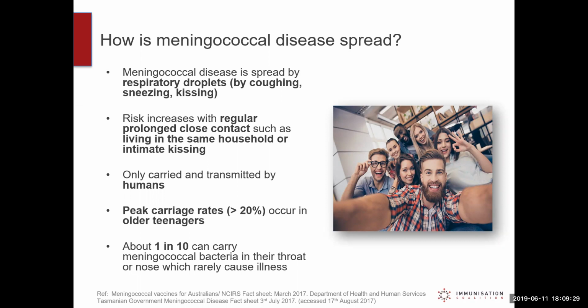So if any parents come to your practice and say, my child was in that class and they've not been contacted, or they were told that they don't need antibiotics, then that is the truth. They don't need antibiotics. They have been considered to have not had close enough contact with that particular individual.